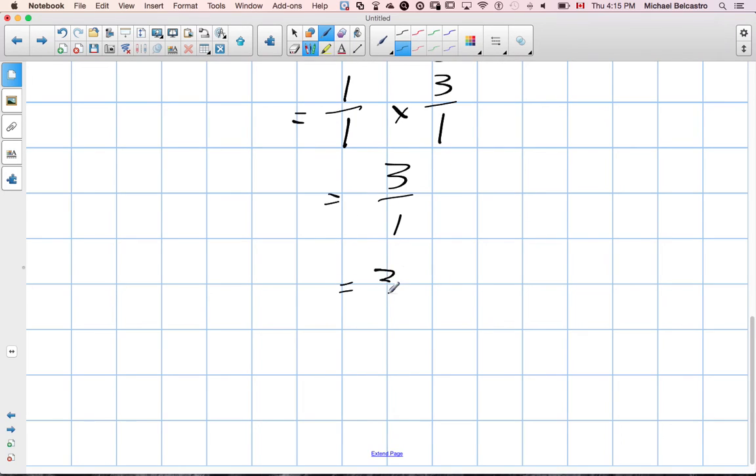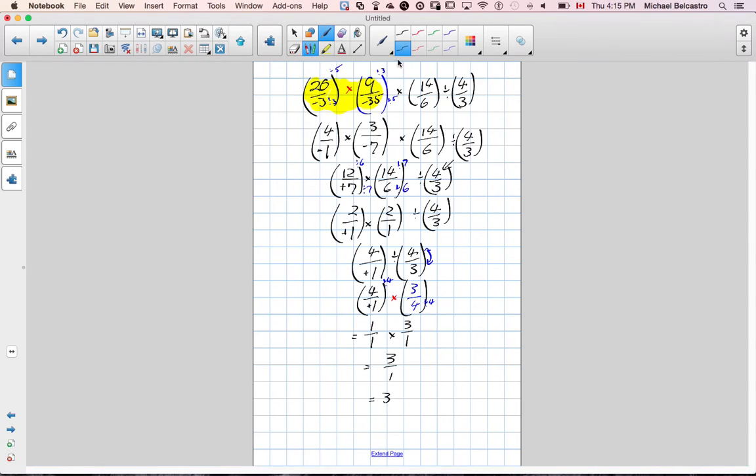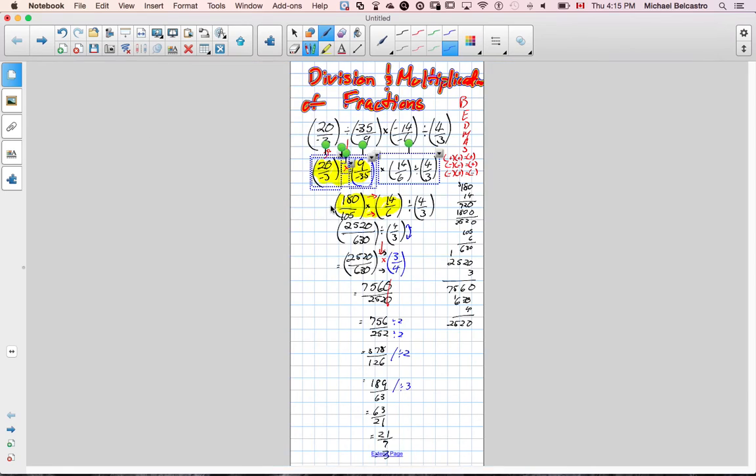So if we take a look here, it's going to be hard to see, but I divided by the values of 3 and 5 here. I divided by 7 and 6 here. I divided by 4 down here. 1, 2, 3, 4, 5 steps of division. On our other page, I divided by 10 here, then 2, then 2 again, then 3, then 3 again, then 3 again.